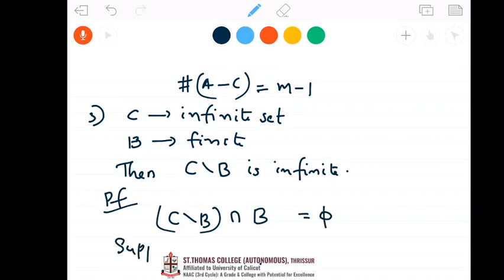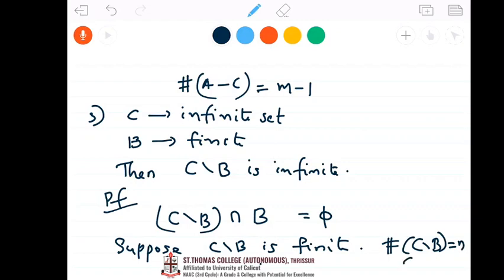Suppose C minus B is finite. What we have to prove is C minus B is infinite, and I am assuming that C minus B is finite. That means C minus B contains some n elements. So number of elements in C minus B is equal to n.